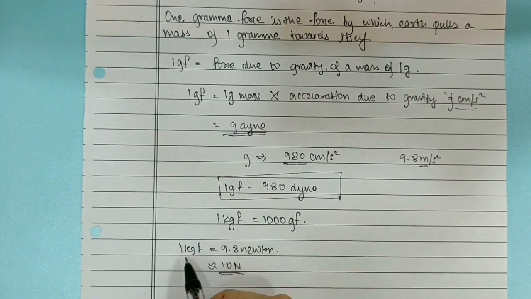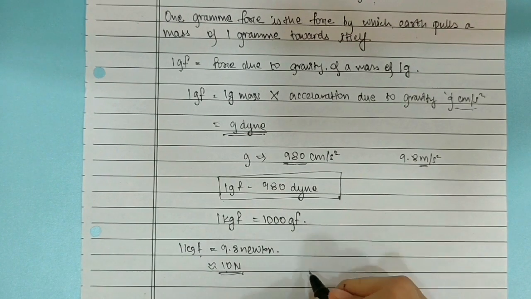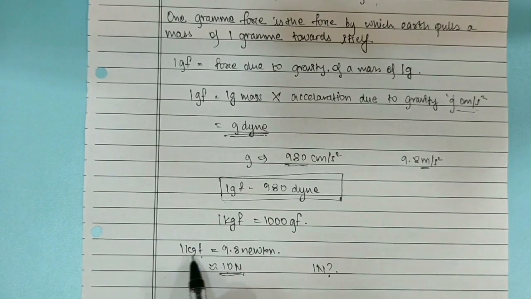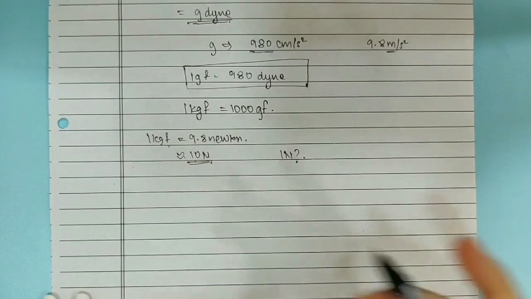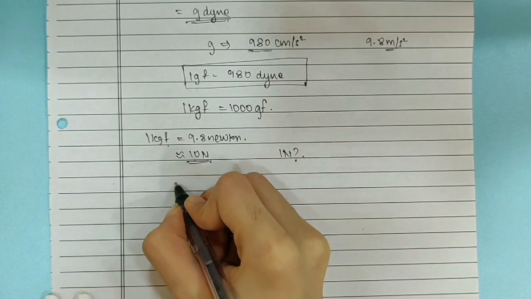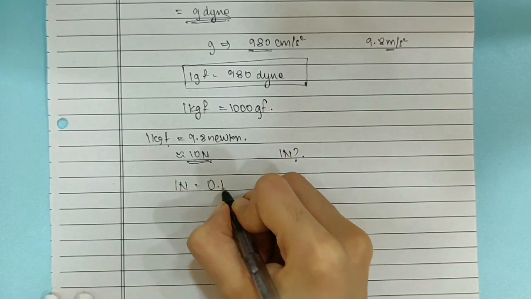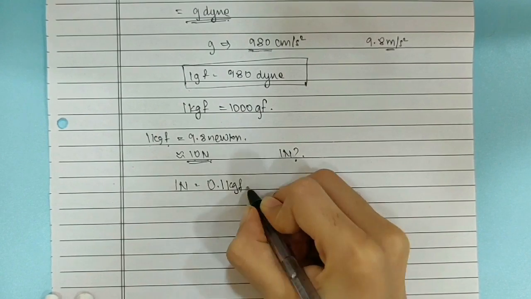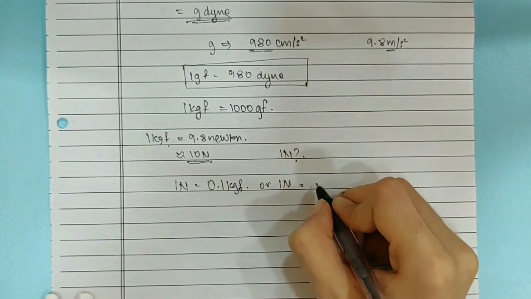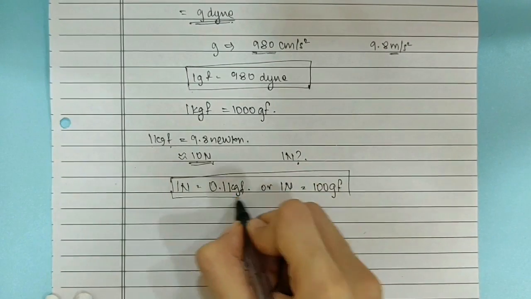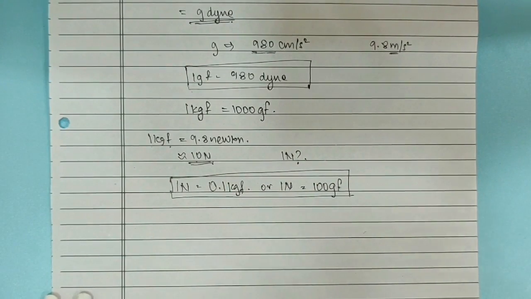So if 1 kgf can be nearly treated as 10 Newton, what will 1 Newton be then? 1 Newton would be 0.1 kgf, or 1 Newton can also be written as 100 gf. All these are very important conversions for the numericals that you will solve.